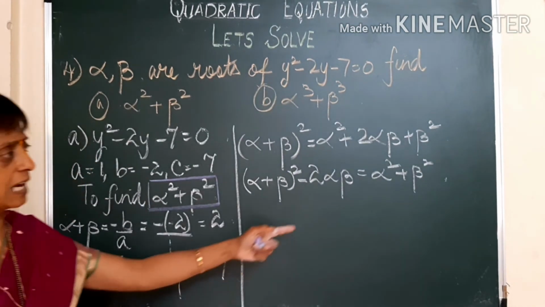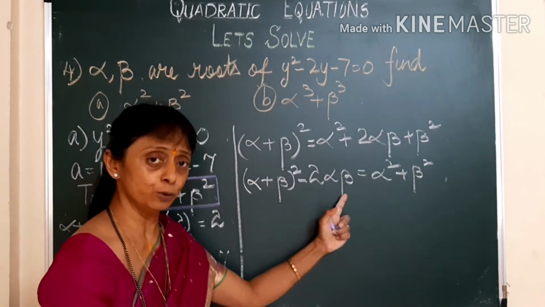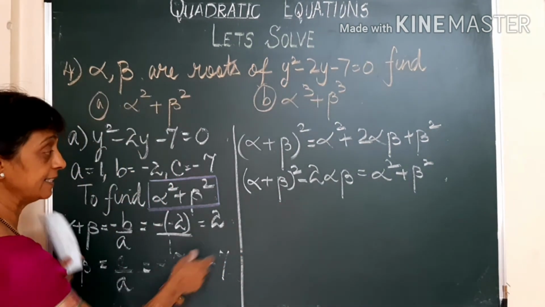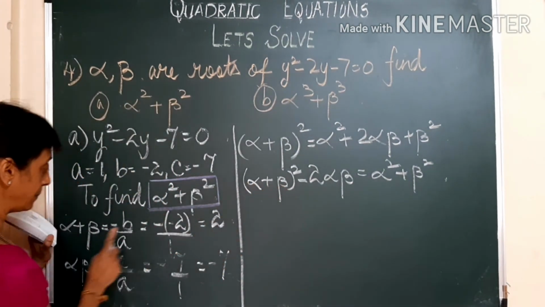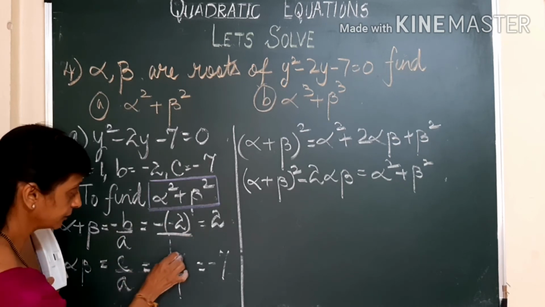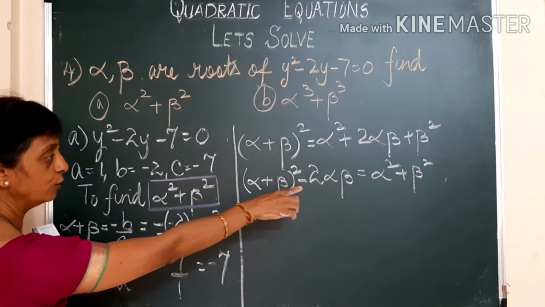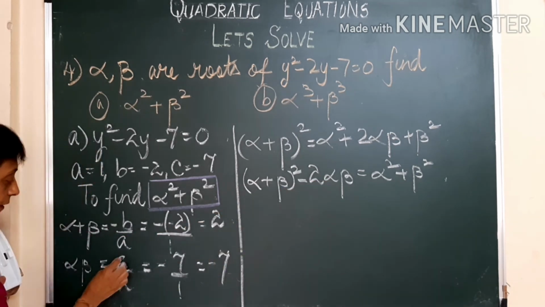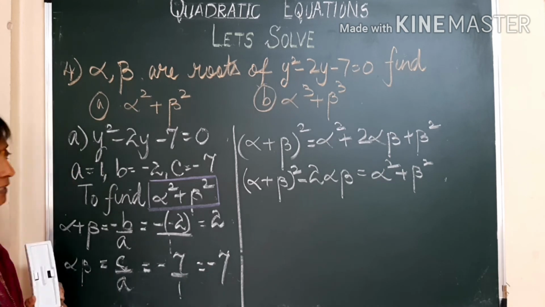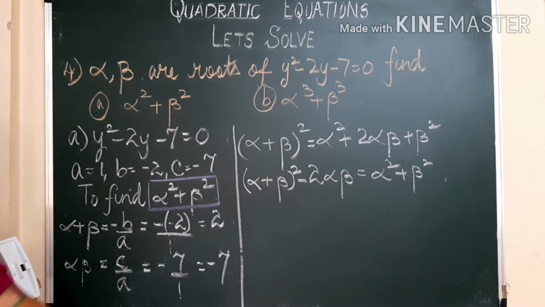Now children, to get alpha square plus beta square, do we know the values? Can we substitute and get the answer? Let's check out. Yes, definitely. We know the value of alpha plus beta, that is equal to 2. And also we know the value of alpha beta, which is equal to minus 7. So let's substitute.